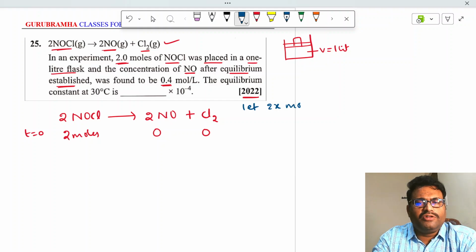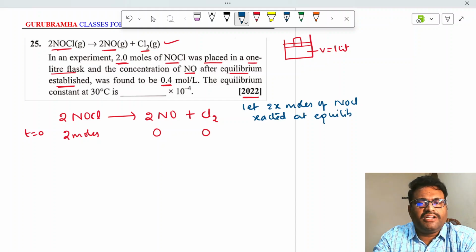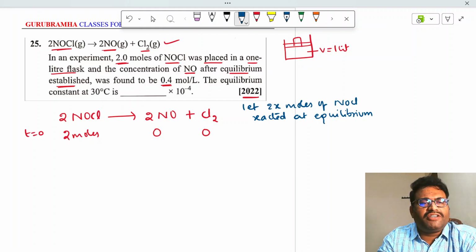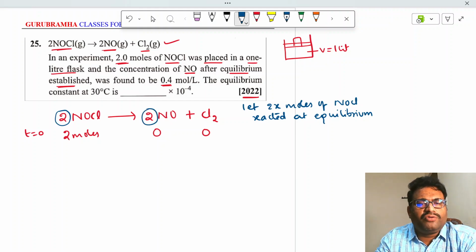2x moles of NOCl reacted at equilibrium. From the given stoichiometric equation, 2 moles of NOCl on reacting gives 2 moles of NO and 1 mole of Cl2.